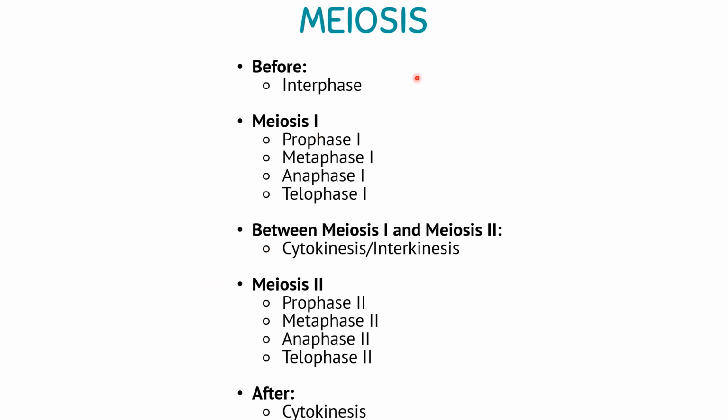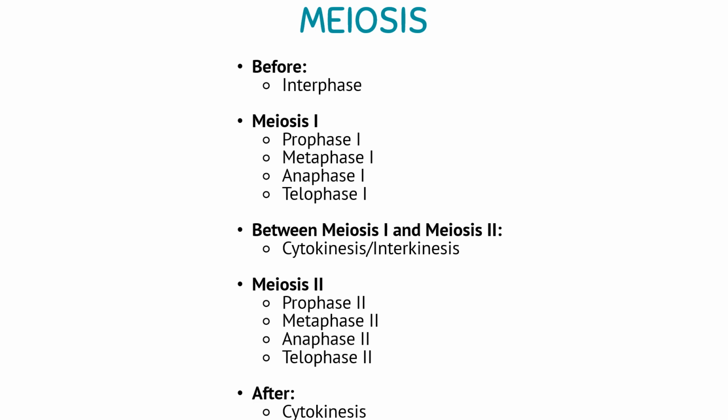And of course, before that, we have interphase. Then between meiosis 1 and meiosis 2, we have cytokinesis, which can also be called interkinesis. And then meiosis 2, we have prophase 2, metaphase 2, anaphase 2, telophase 2, and finally we finish with cytokinesis. So we're going to go through all of this in detail, and you need to know what happens at each of these stages.